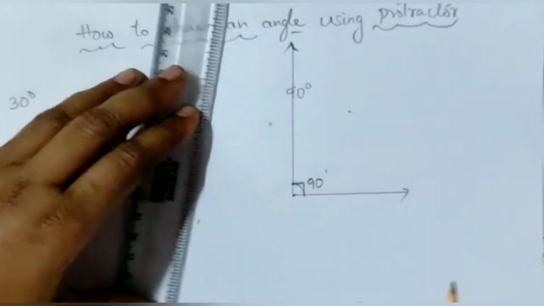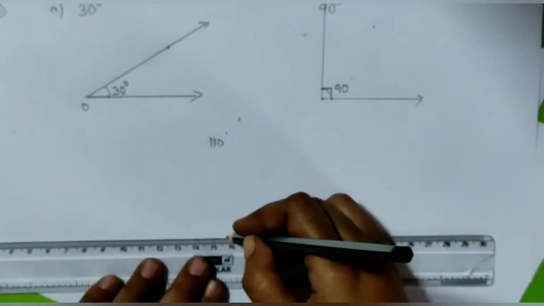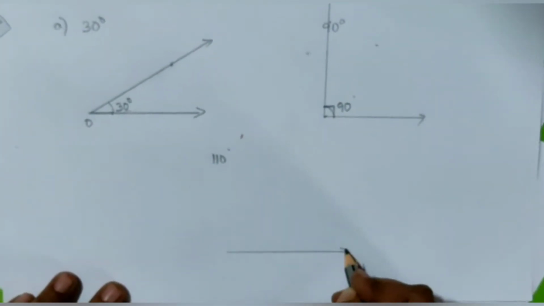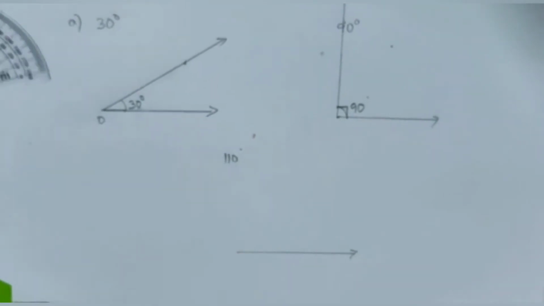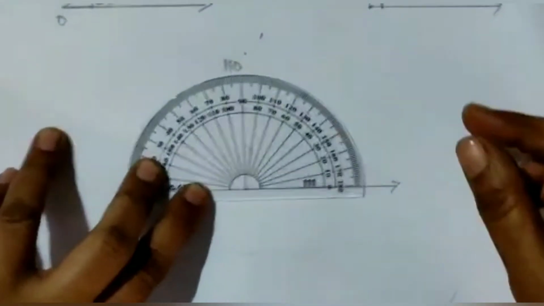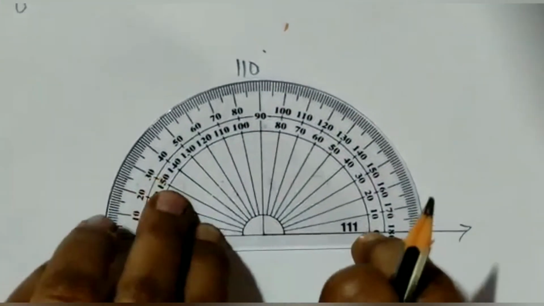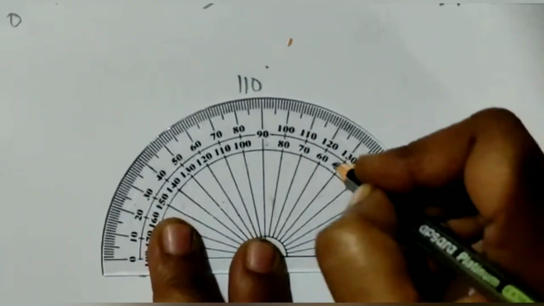This is 90 degrees. Now I want to draw 110 degrees. Same procedure. Draw a ray. Take the vertex here and now keep the protractor here. Exactly coincide the base arm and the vertex. Now from the inside angle we have to check 110.